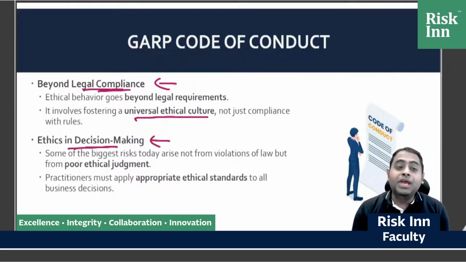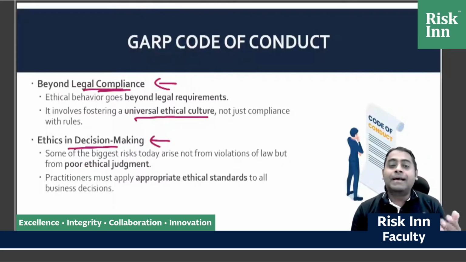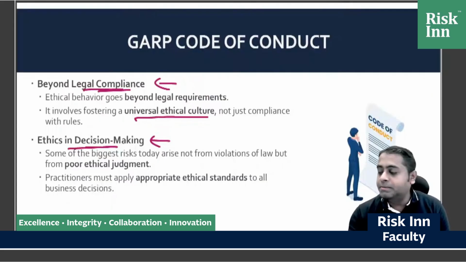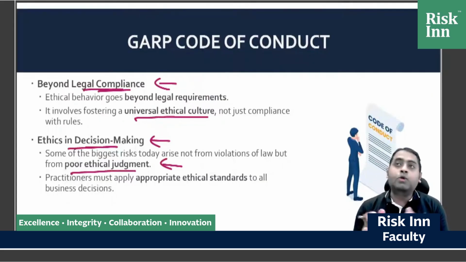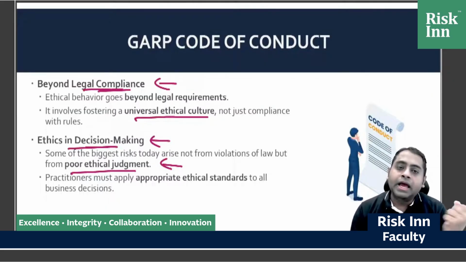Because what we have realized in the past is that there have been a lot of scams, a lot of frauds, a lot of scandals that have happened because people have not behaved ethically. People have made mistakes. There has been poor ethical judgment from one or two people, and it has impacted a lot of people in the market. For example, if you look at a scam, one or two people or a group of people trying to earn some money has an impact on the overall market, right?